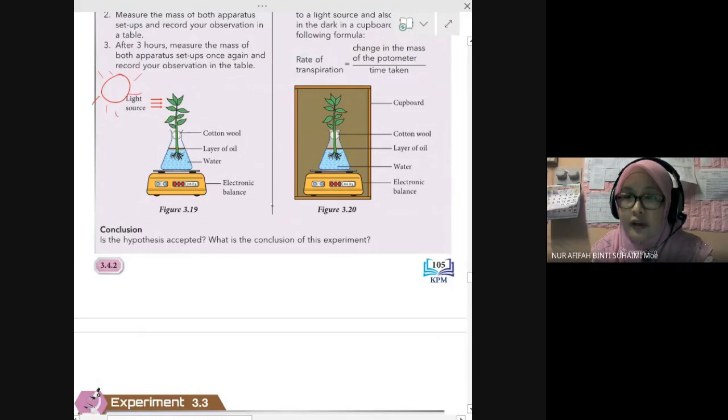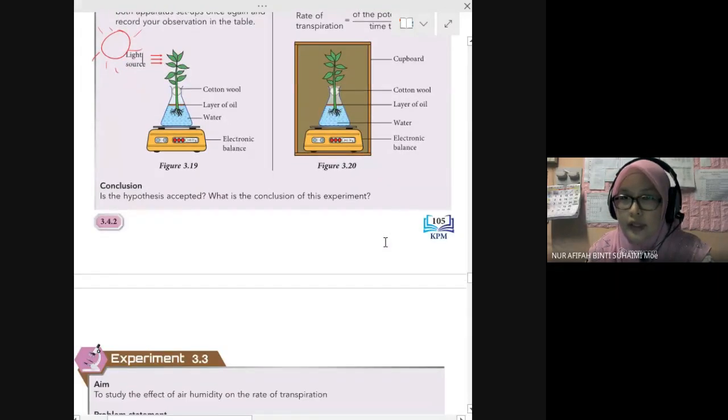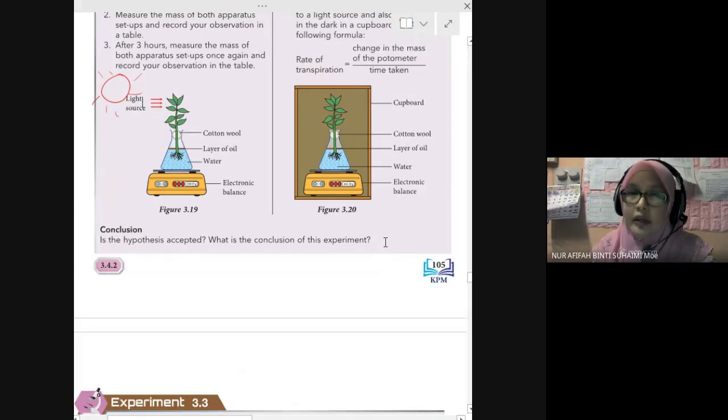The initial reading is set at the same time, the first day for both plants, and we calculate the final reading after 1 week, for example. Then we compare which one has the higher mass of water loss.